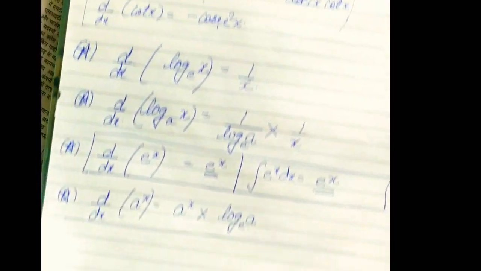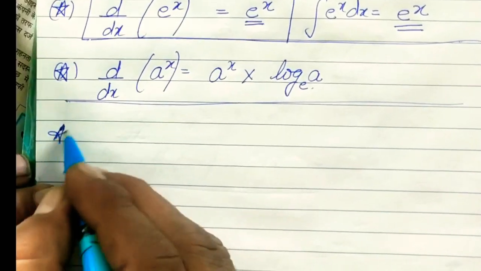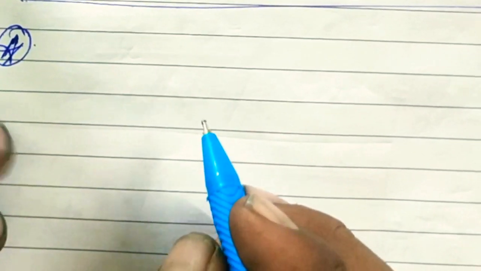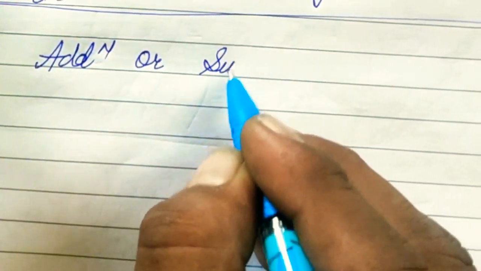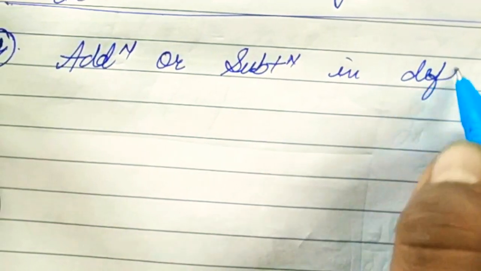Okay, now I will teach you today only 2 more things, otherwise it will become a very long video. But let's say we are talking about addition or subtraction of functions in differentiation. It is very simple.